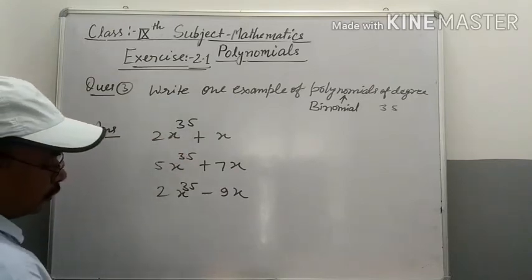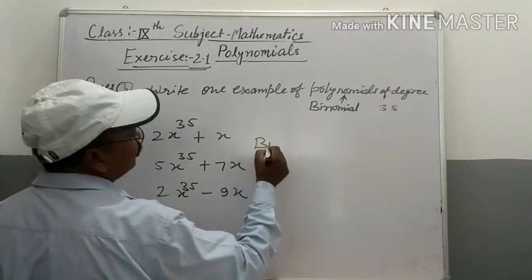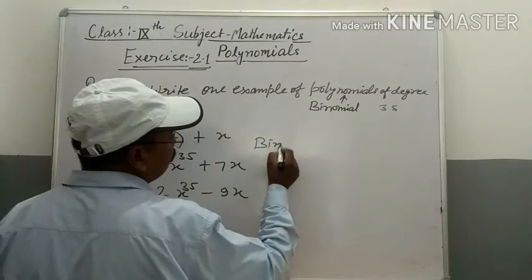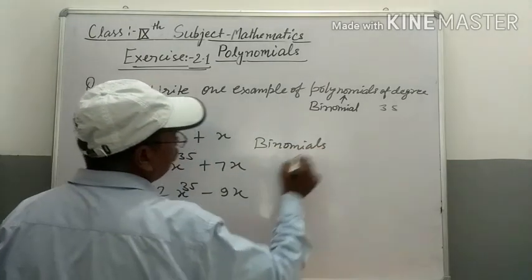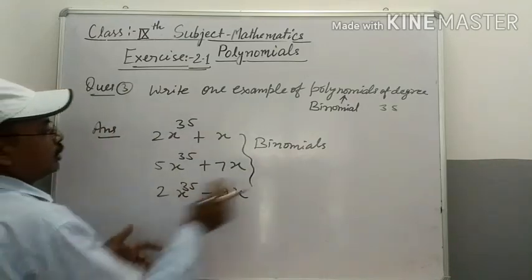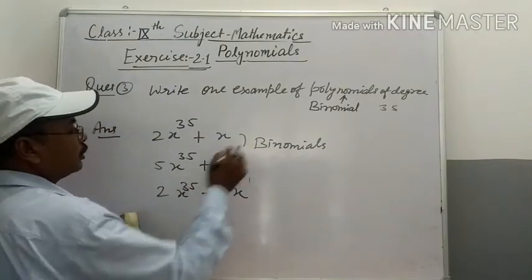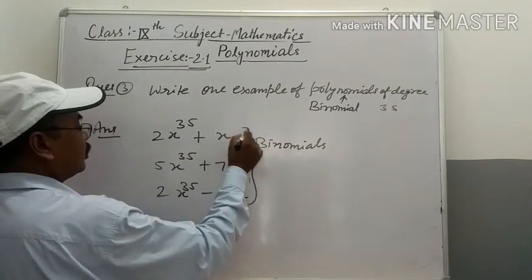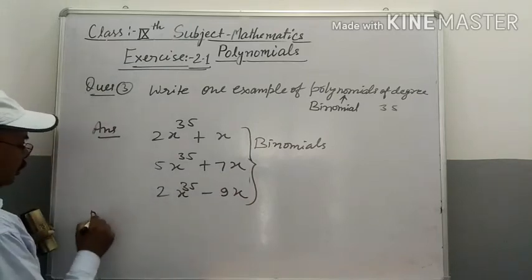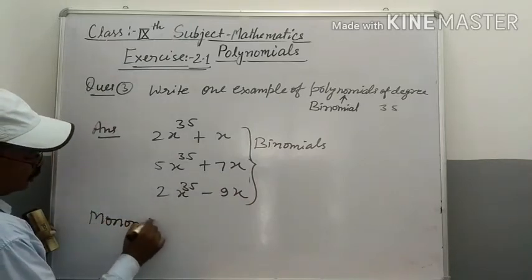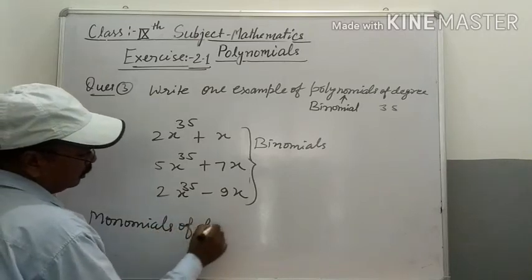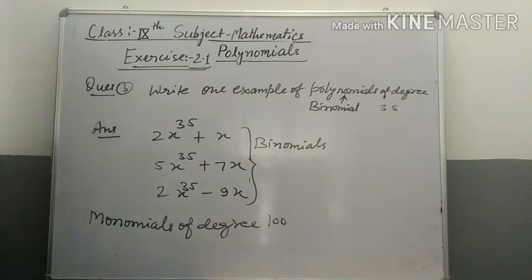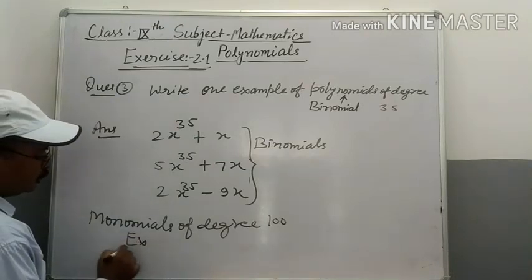All are binomials. सभी binomials हैं students. All are the examples of binomials. Next, students, monomial of degree 100. डिग्री 100 के मोनोमियल्स का एग्जांपल, दैट्स एग्जांपल स्टूडेंट्स.